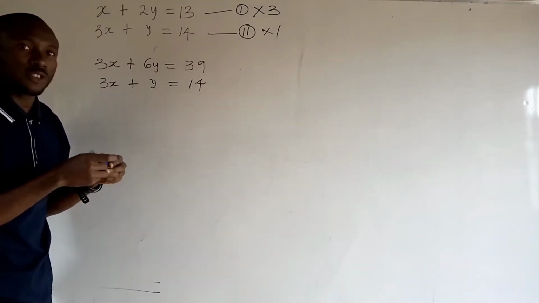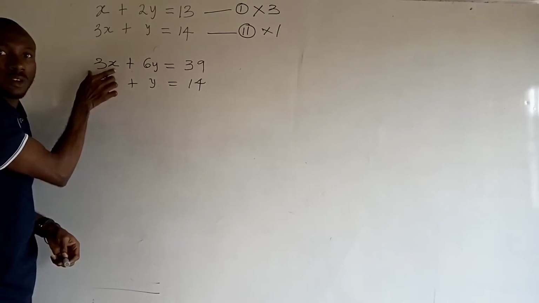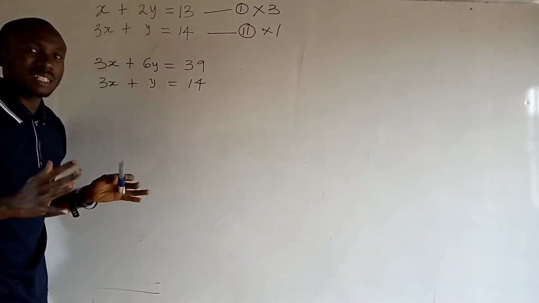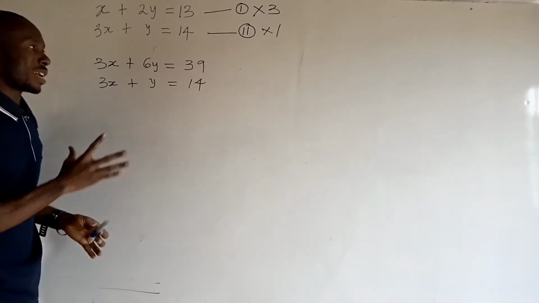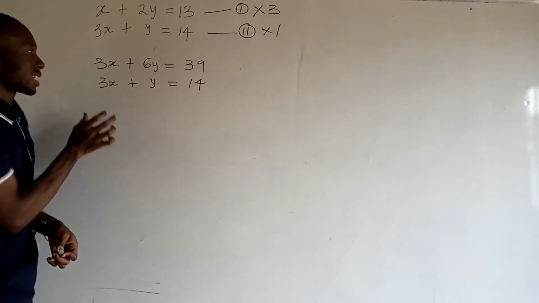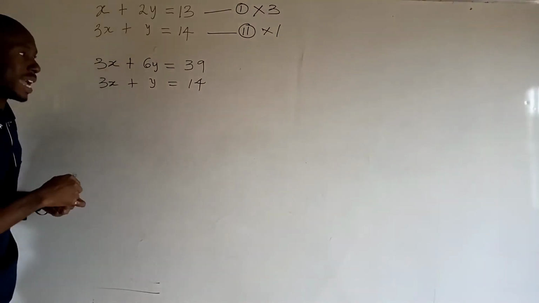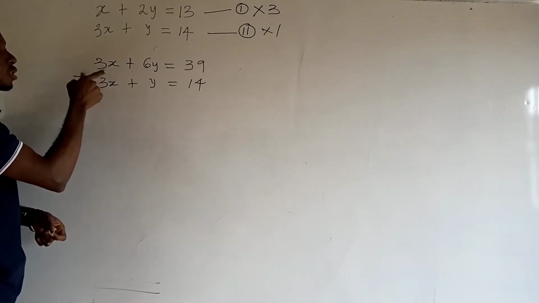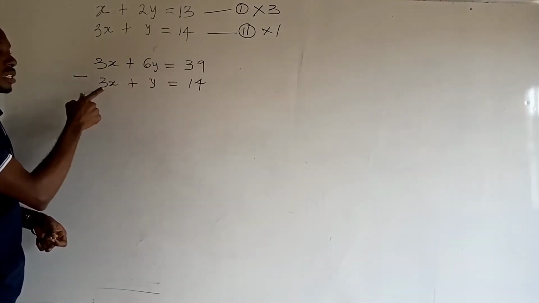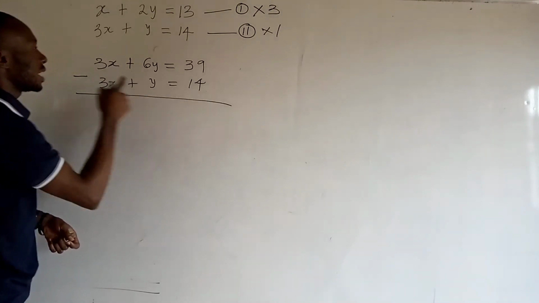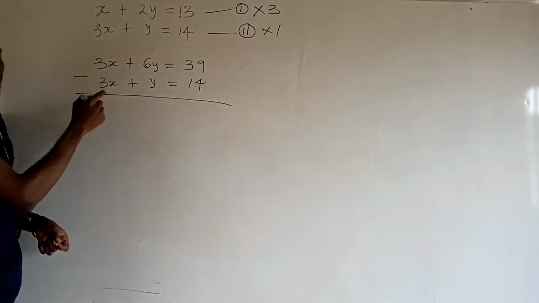And in this equation, if you observe, the quantities of x are the same. Now, it is very easy to eliminate them. So what we do is put in the operation that can eliminate x. Now, the operation is minus. So I'm going to say, let's subtract this equation from this equation. So it's going to be like 3x minus 3x vanishes away.